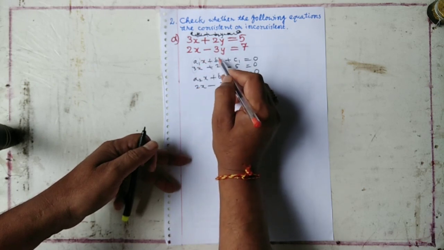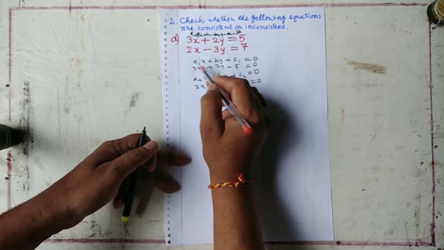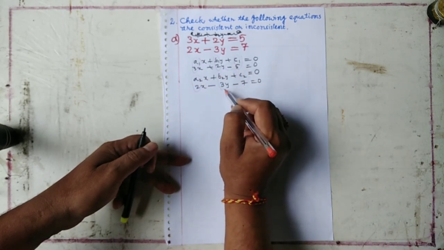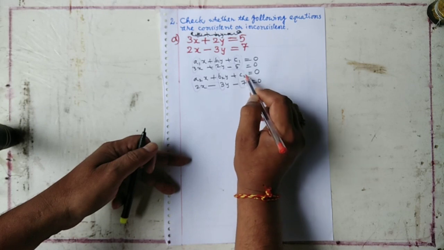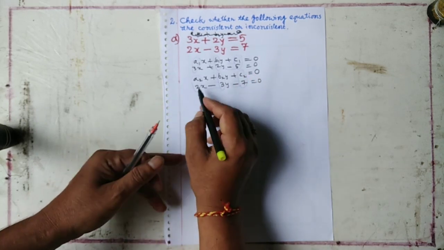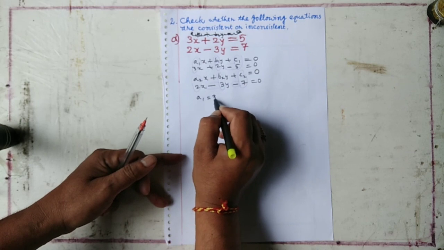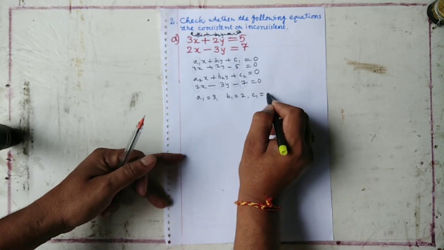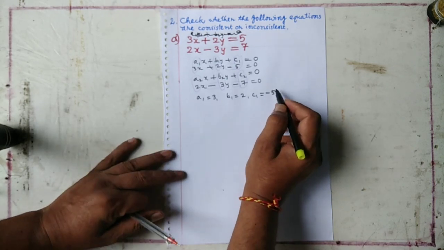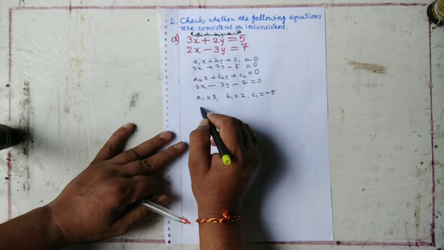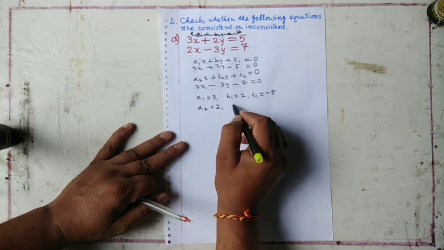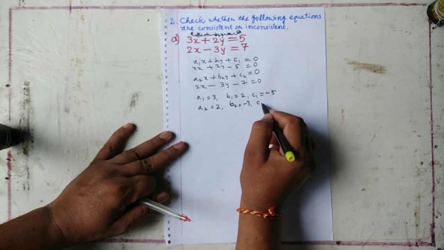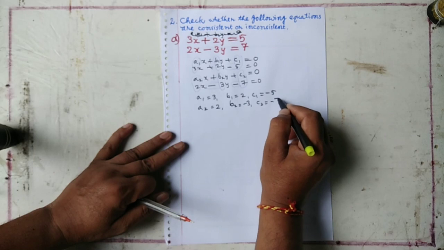On comparing, we have a1 is equal to 3, b1 is equal to 2, c1 is equal to minus 5, a2 is equal to 2, b2 is equal to minus 3, c2 is equal to minus 7.